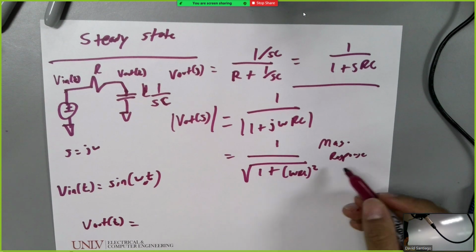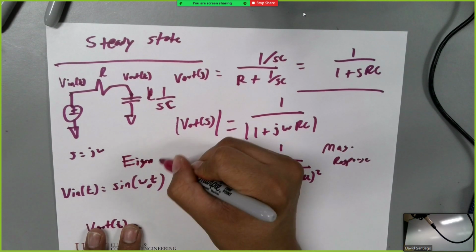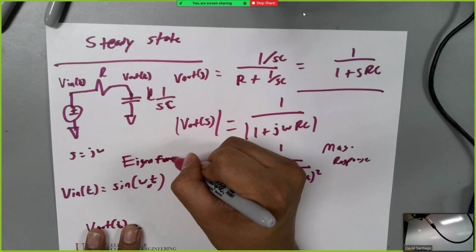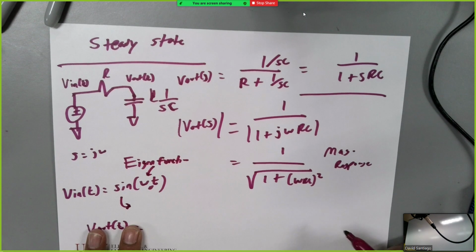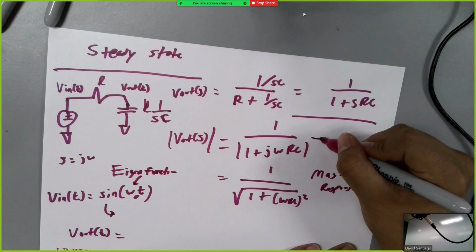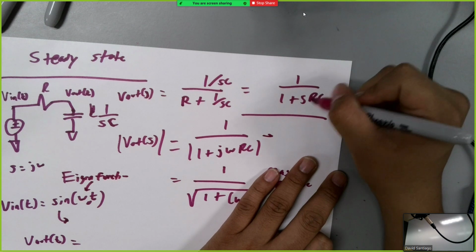You're going to realize that this is an eigenfunction, because we have an omega here. This can be derived into... I think what I was trying to say was, this is a pole.